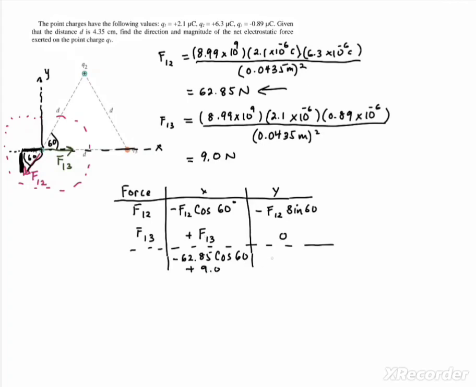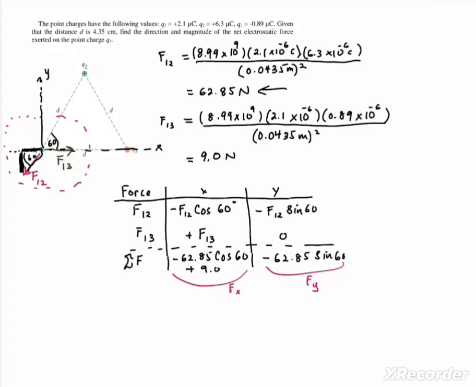And on the y we have negative F12, 62.85, sine of 60. So once we figure out our total x and total y, this part right here gives us the Fx, and this part here gives us the Fy components. So once you have that, what we can do is figure out the angle.